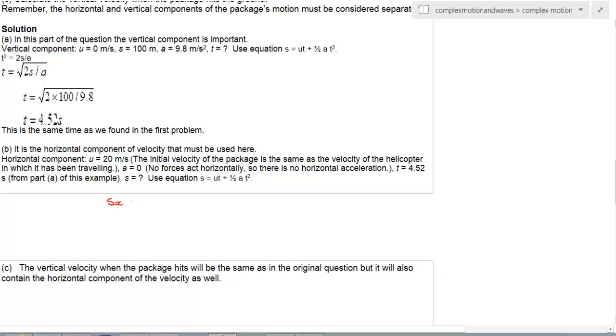So we can use Sx is equal to Vx0 times t plus a half a in the x direction times t squared. But remember that there is no acceleration in the x direction, so that's 0. So our simple equation is just that displacement is equal to the initial velocity times the time. So that's our 4.52 times 20 metres per second. It gives you 90 metres.